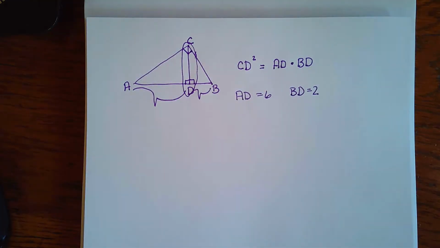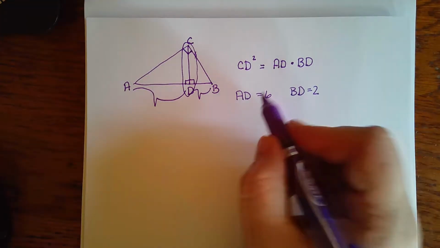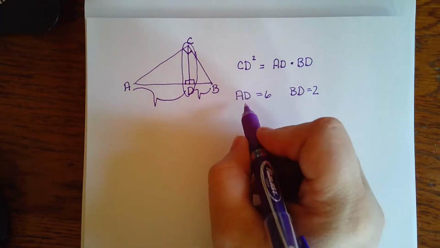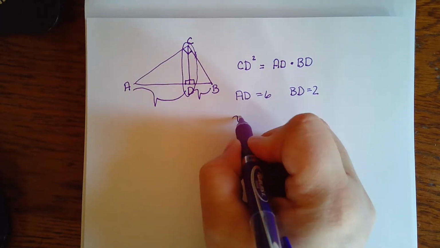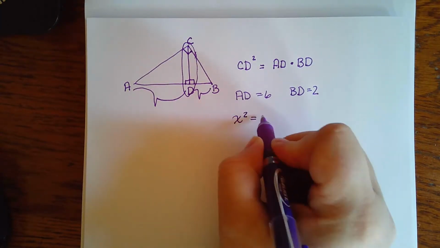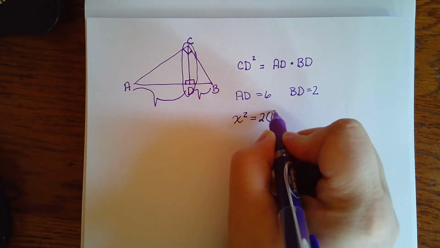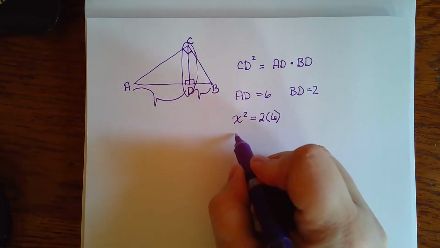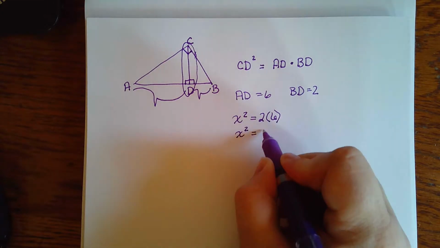Most of the time you'll see it just written as 2 and 6, which is an indicator that they're at the bottom when they ask for a geometric mean. So all we have to do to get this is just set it up. We don't know what this is, so let's call the CD x. So it's going to be x squared equals 2 times 6. So x squared is going to end up equaling 12.